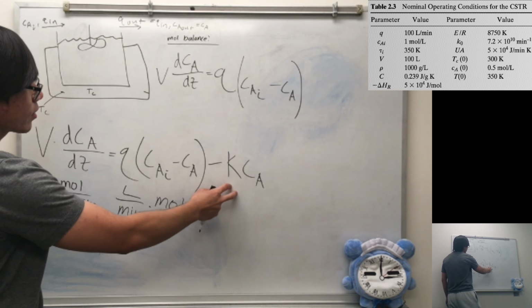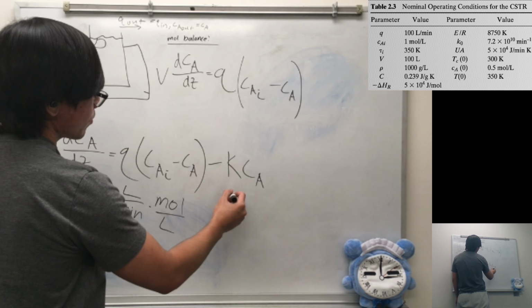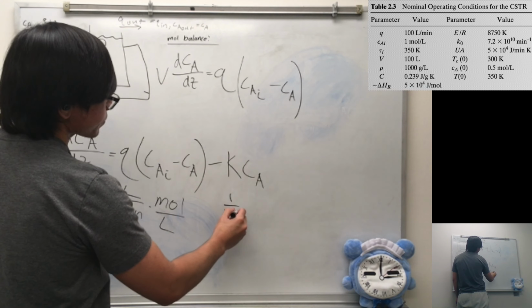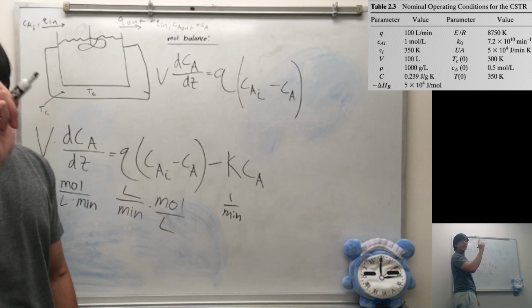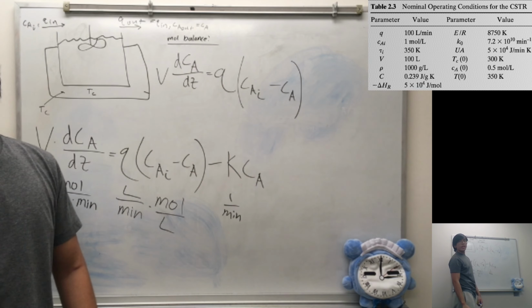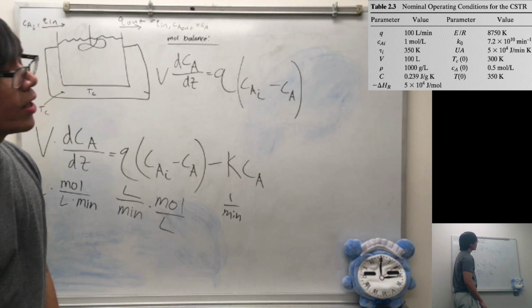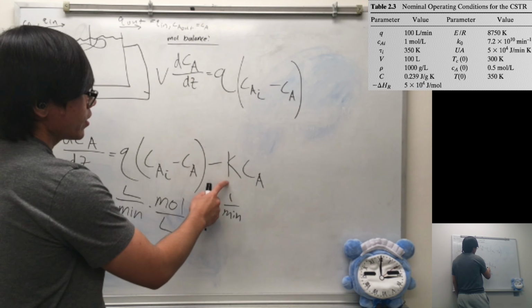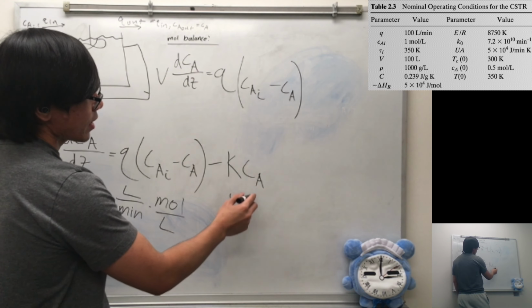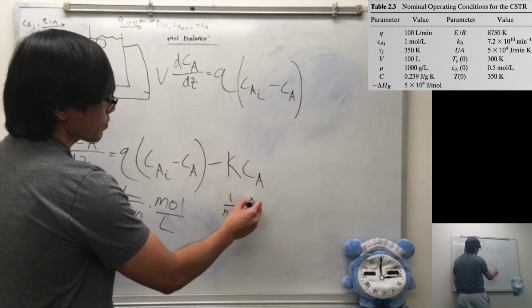So our K is 1 over time, in minutes. And note, this K is different from the K naught over there. That K naught comes from Arrhenius law, which I'll go into later. So 1 over minute is our rate constant, and then times CA, again, moles per liter.